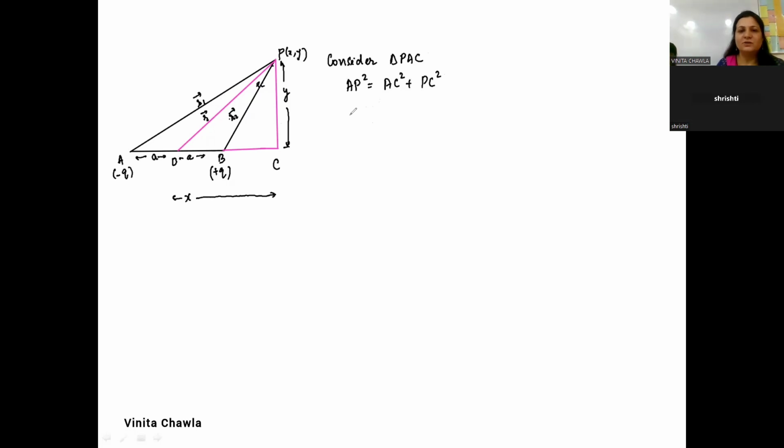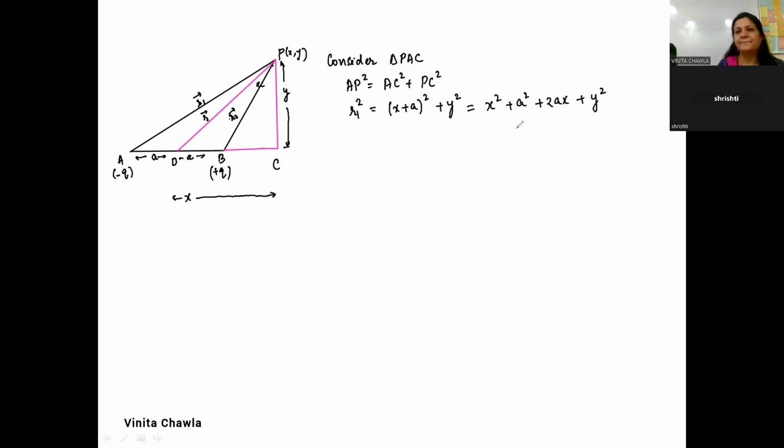AP square is R1 square, right? And AC square is (x plus a) whole square, and PC square is y square. So we get x square plus a square plus 2ax plus y square.